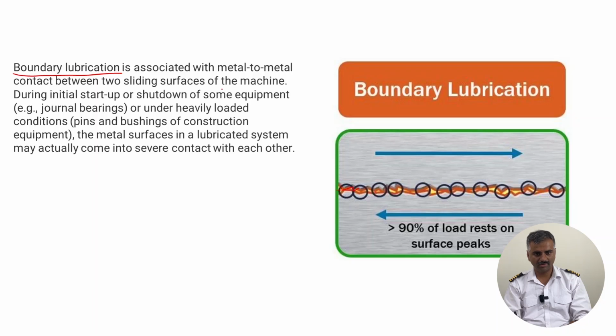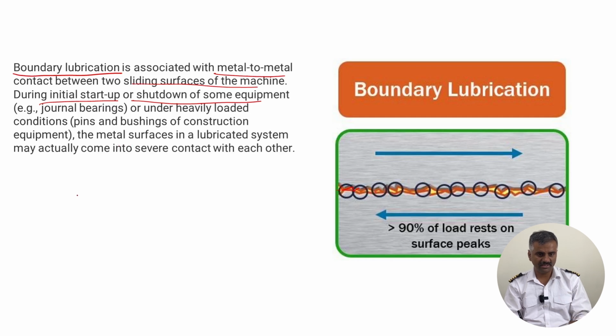There is a chance of metal to metal contact between the two sliding surfaces. This happens only during the initial starting, during maneuvering, or when the shutdown is happening, when you are stopping the engine by slowly reducing the speed. Because there is no continuous oil film, boundary lubrication takes place. So at heavily loaded conditions, this boundary lubrication takes place.